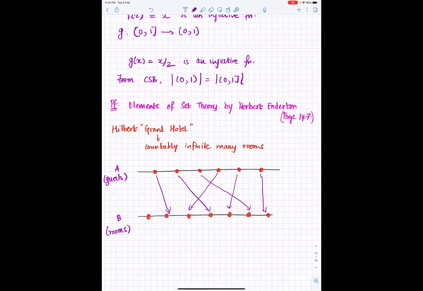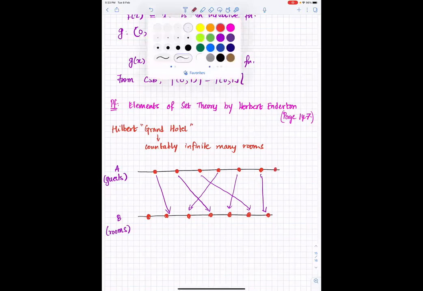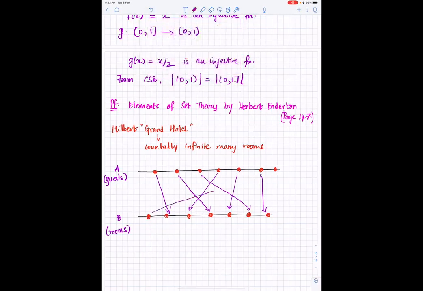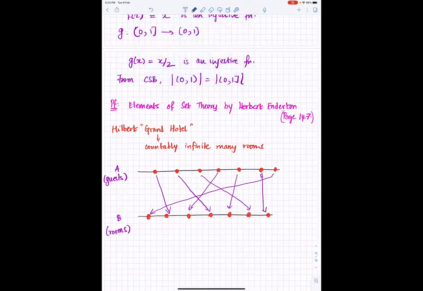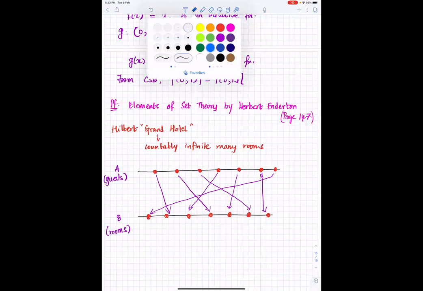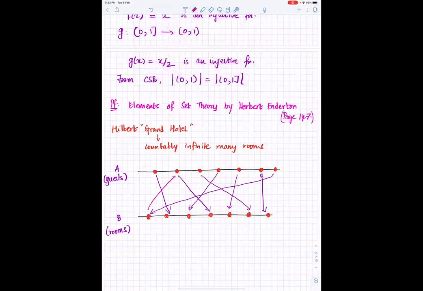And we also know that there is a function g, which maps rooms to guests. Something like this. They look similar. We hope these don't look similar. Do they? I don't know how it displays on the screen.